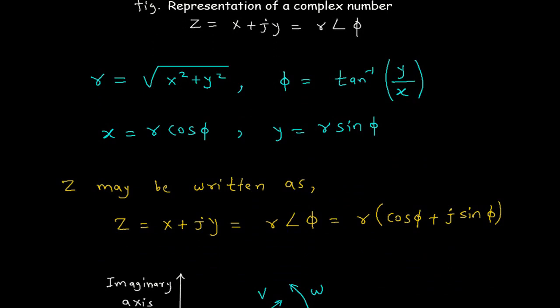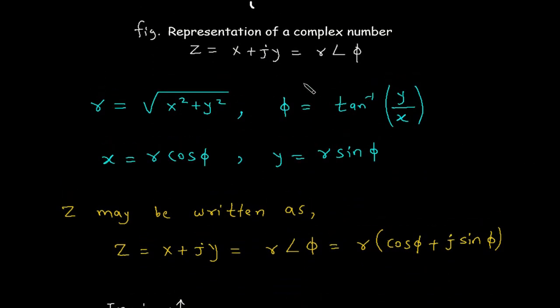Now suppose we have to convert rectangular form to polar form or polar form to rectangular form. To convert rectangular form to polar form, we can use these formulas. r is equal to under root of x square plus y square. From this we will get the value of r, and phi is equal to tan inverse of y by x.